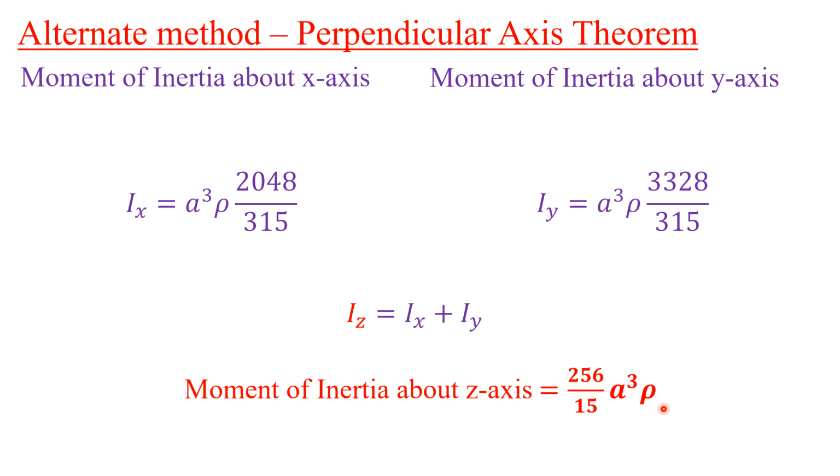So this is how by using the perpendicular axis theorem we can find the moment of inertia. In both cases we got the same answer: by the direct method we got 256 upon 15 a cube rho, and by the perpendicular axis theorem also we got the same answer. So here we have verified the perpendicular axis theorem also.